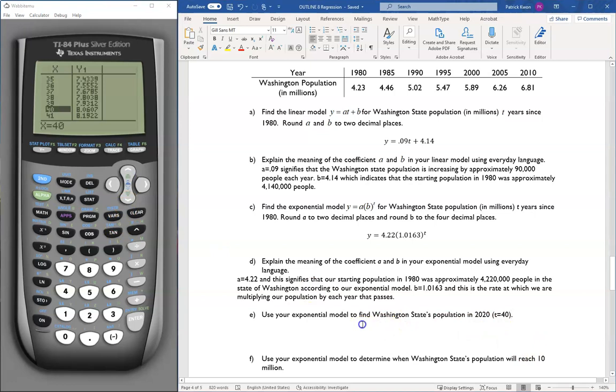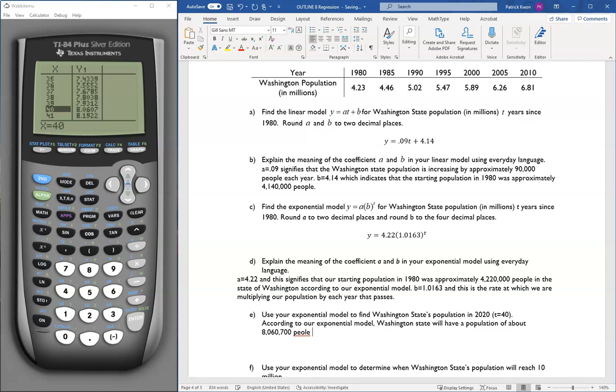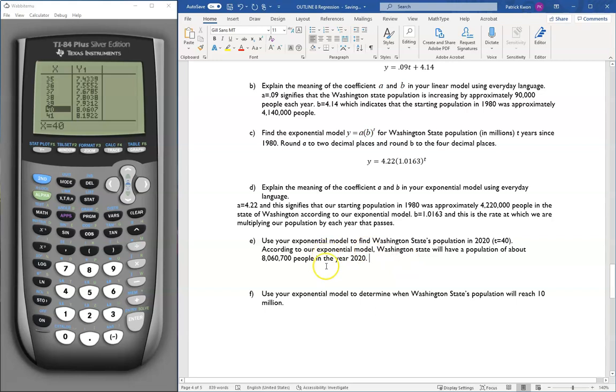So we can say, according to our exponential model, Washington State will have a population of about 8,060,700 people in the year 2020. Okay.